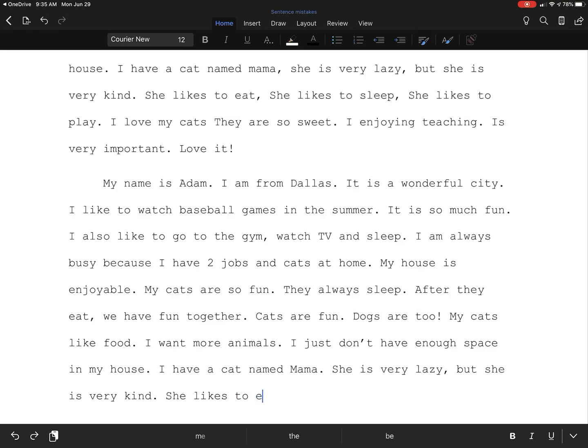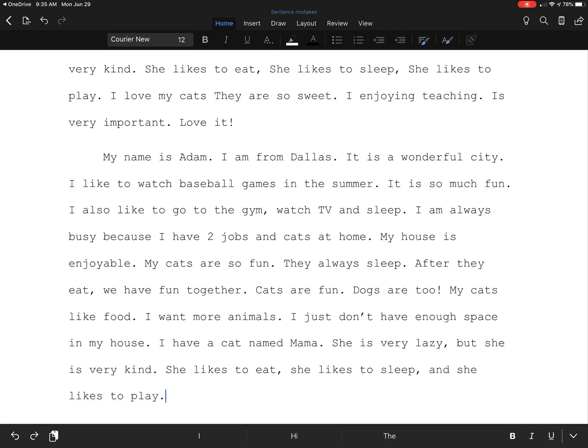And then she likes to eat, she likes to sleep, and she likes to play. Or if you wanted, instead of using the and, you could just use period, period, period. Okay, it depends on you. There are a couple of choices here.